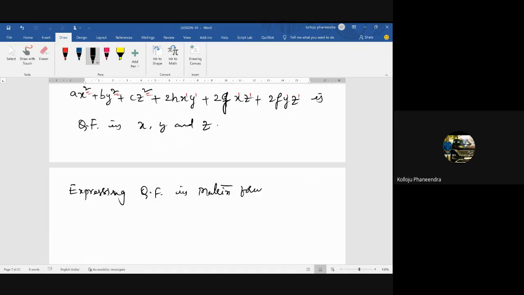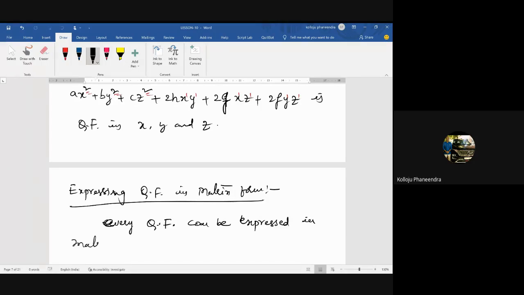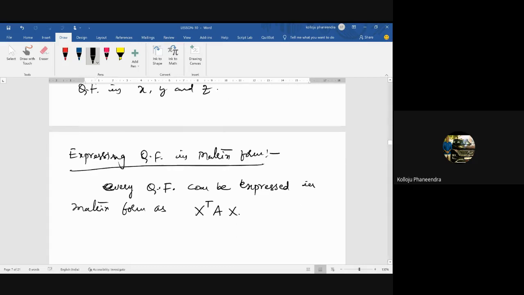Now, every quadratic form can be expressed in matrix form as x transpose A x. Remember this. X transpose A x. And what is x? What is A? Let us see.